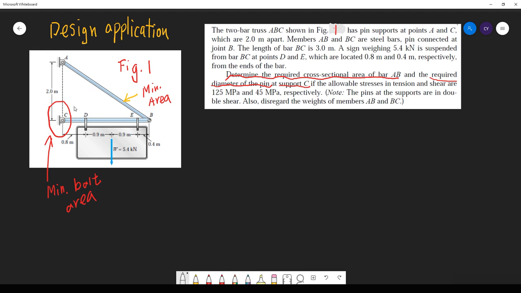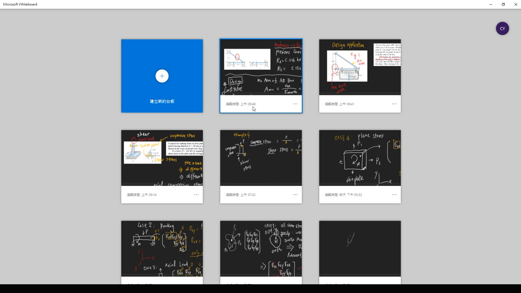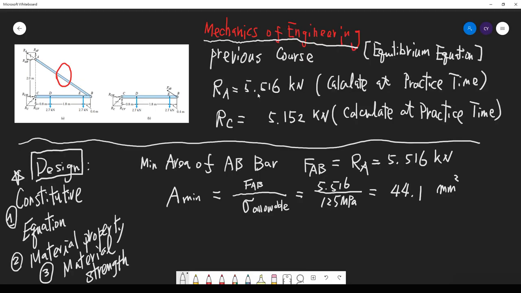So allowable tensile stress here, allowable shear stress here, because there is an interface. So we need to calculate the shear stress of the bolt. Go back here. Okay, this is the first answer we already get.